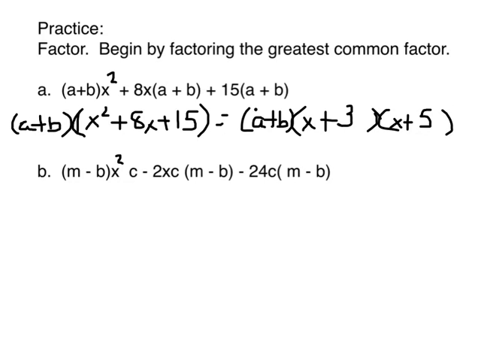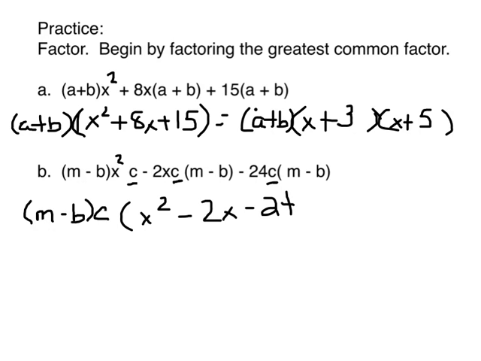All right, b, look really close, we have m minus b. But if you look, we also have a c in every single term, so we're going to take it out too. And then what do we have left? We have x squared minus 2x minus 24. So that's what we're going to break down right there.